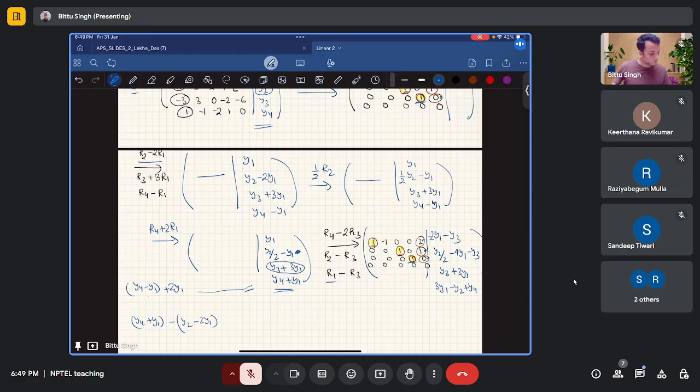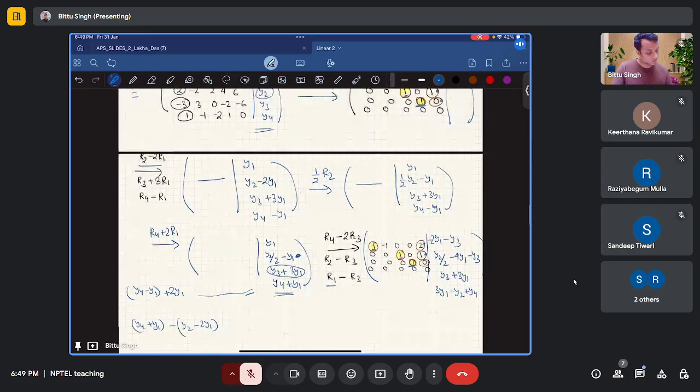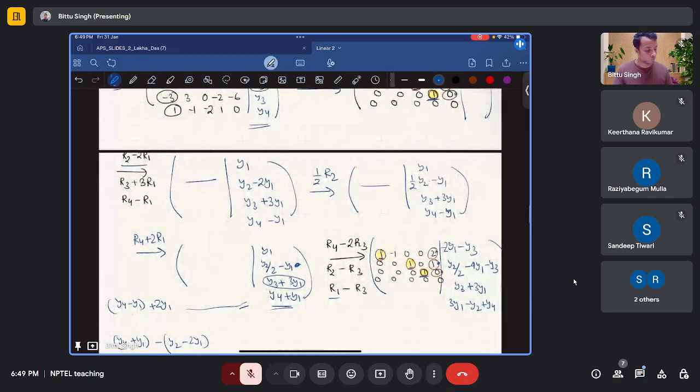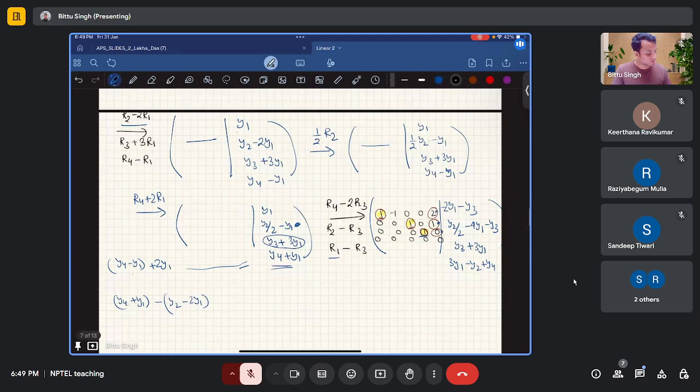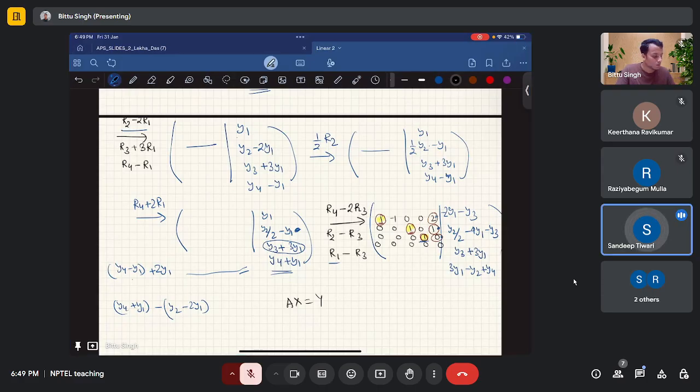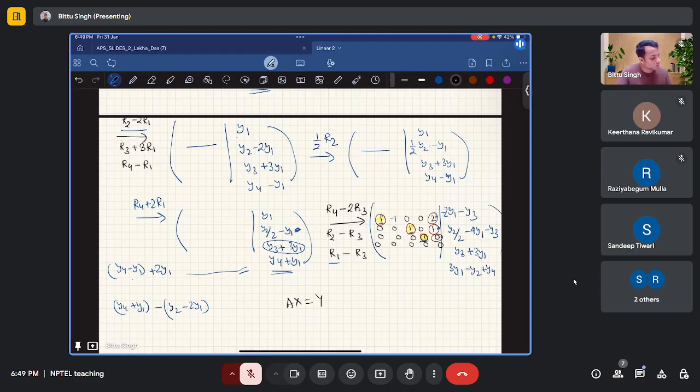So from here, what you can say is that if the solution of this matrix exists, that is x equal to y, this gives the solutions. Then 3y1 minus y2 plus y4 is equal to 0. You can see the last row of the left side is 0, but the last row of the right side is non-zero.